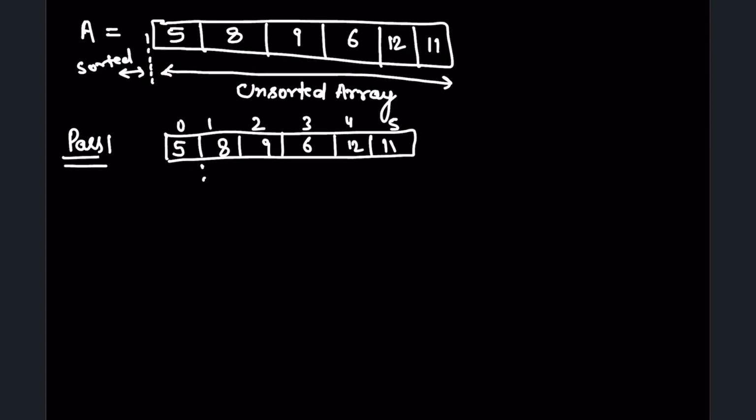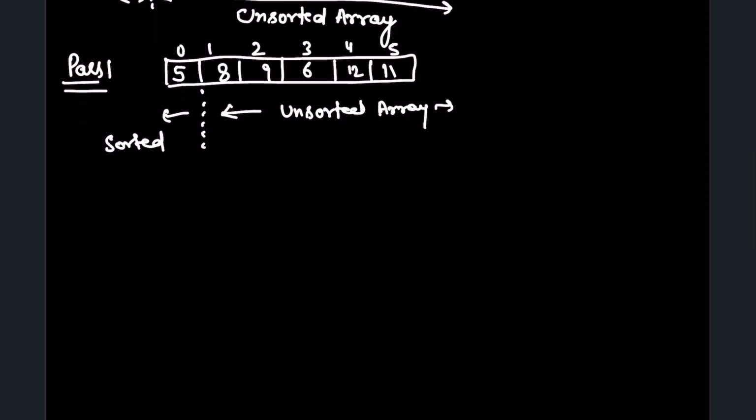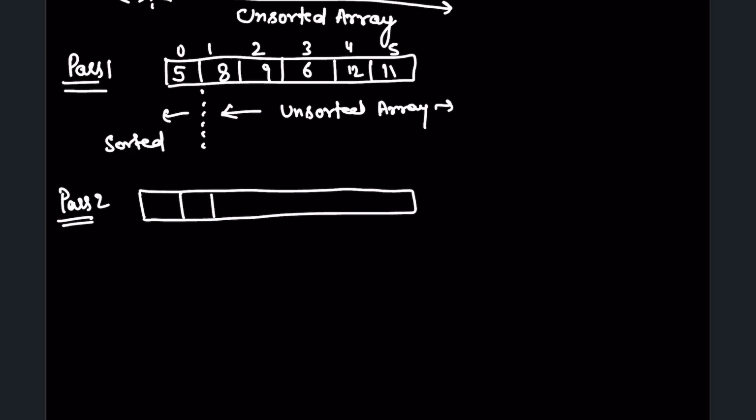So now again, as we said, we will divide this array into two sub-arrays. One is the sorted sublist and the other unsorted. So now we got our first element in the sorted part, and in the second pass we will take this unsorted array 8 9 6 12 11.